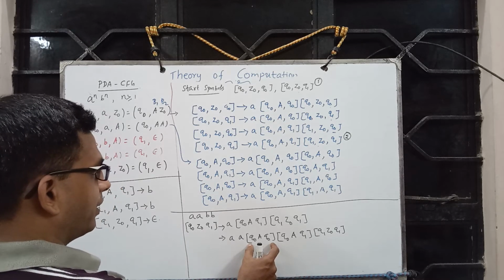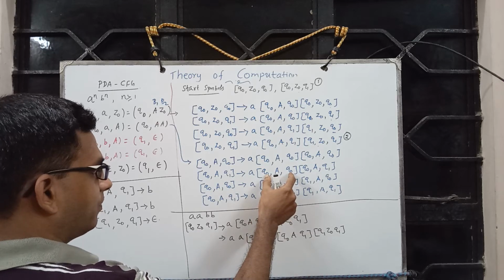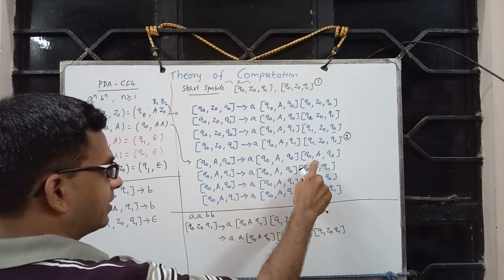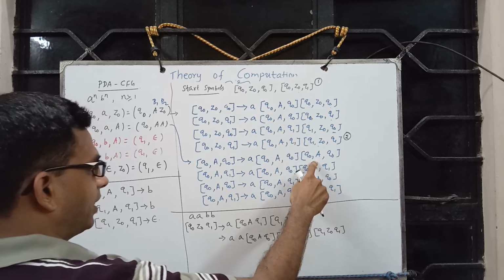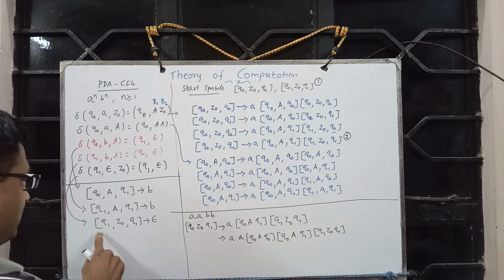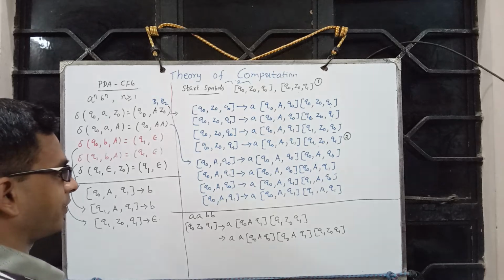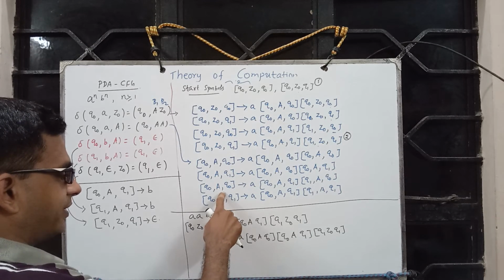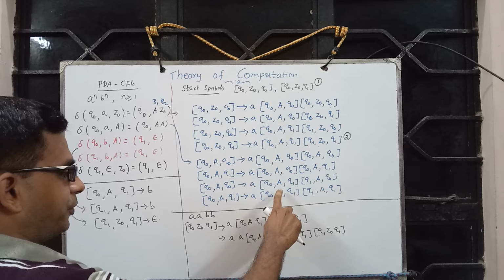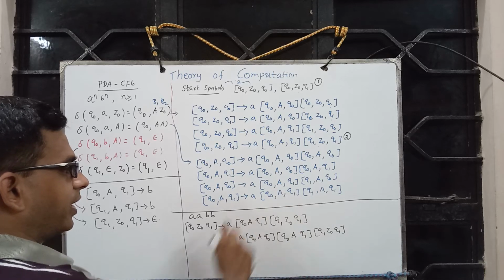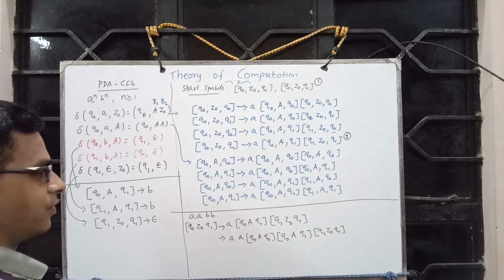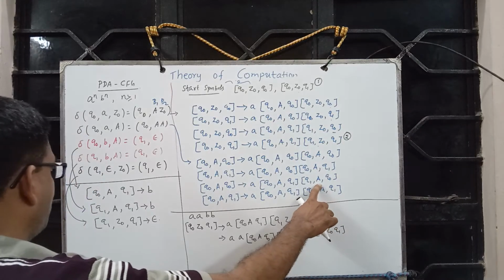Now you have Q0, A, Q0. So you will have to take this. But if you take this, there is no termination for Q0, A, Q0. Supposing I take this, then you get Q0, A, Q1 followed by Q1, A, Q0.